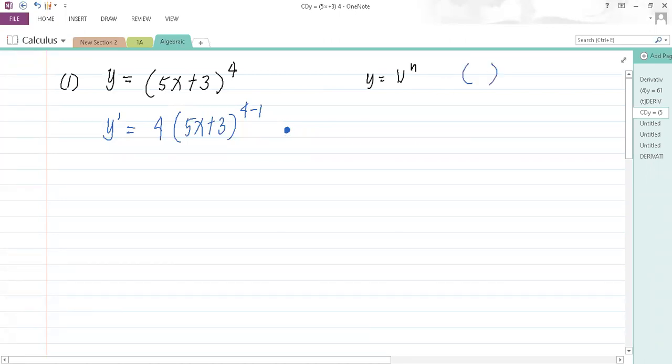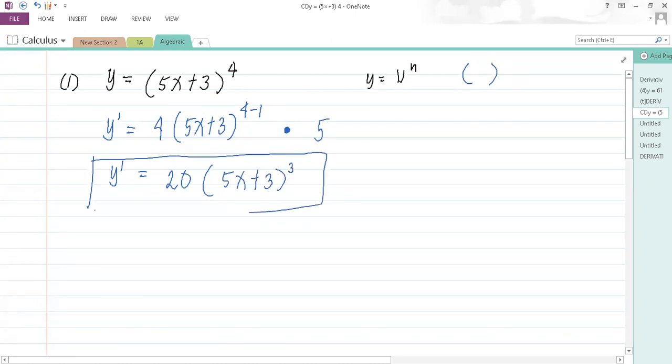Okay? So i-multiply natin yung derivative ng nasa loob. So ano yung derivative ng 5x plus 3? So anong derivative niya? 5. So i-multiply natin siya sa 5. So our derivative here is 4 times 5, that is 20. So 20 times 5x plus 3 raised to 4 minus 1, that is 3. So ito yun na yung magiging sagot natin.